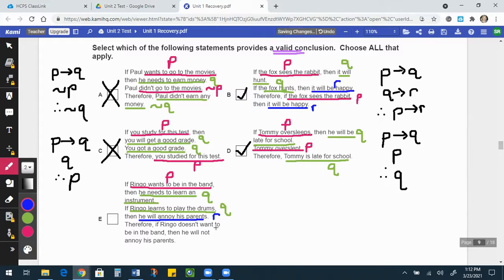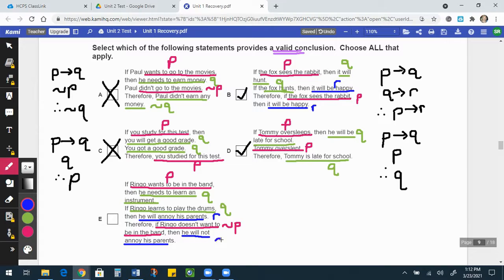Therefore, if Ringo doesn't want to be in the band, that would be negated P. Then he will not annoy his parents.